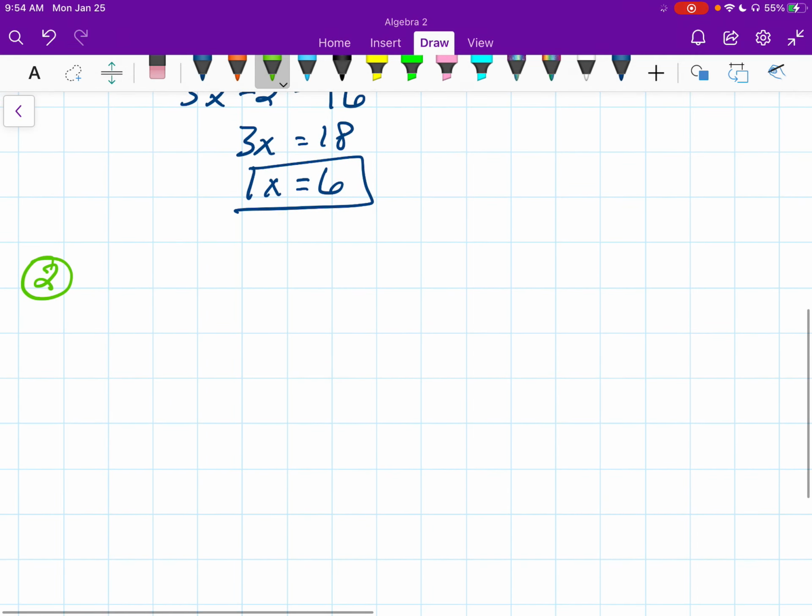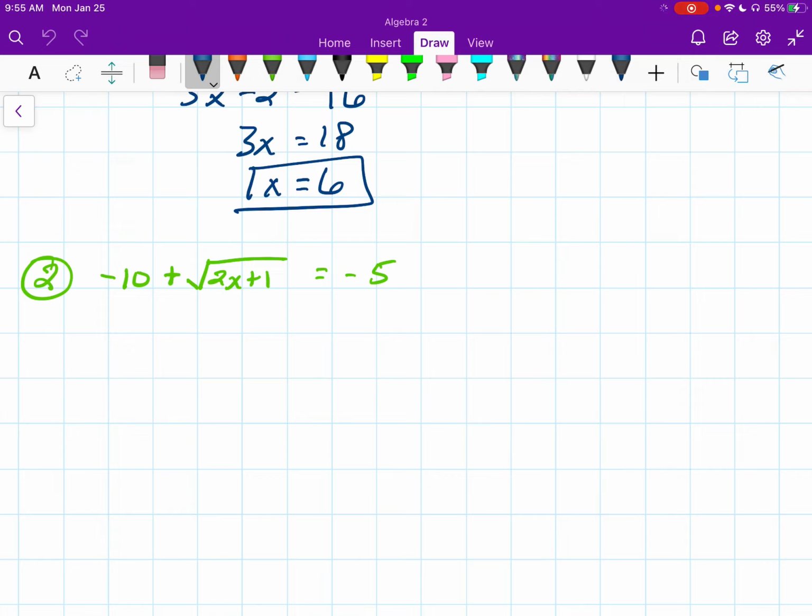Number 2, we're going to have negative 10 plus root 2x plus 1 equals negative 5. So just like last time, and just like all of these, you're going to start off by getting your root alone, right? Just like how normally you'd solve and get your variable alone, well, we're getting the root alone.